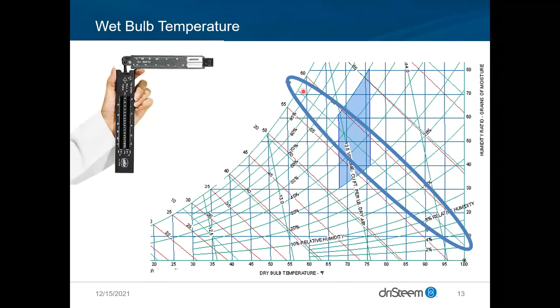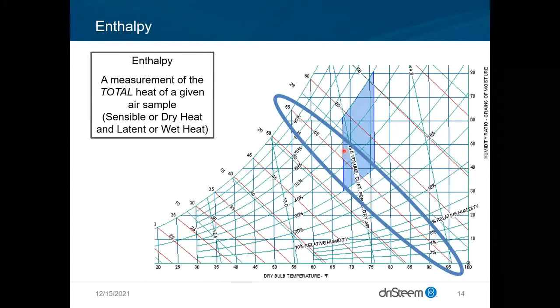Wet bulb meaning where it hits the saturation line. So that's expressed by those green lines there. Enthalpy is also important, especially if we get into evaporative humidification and cooling, which is something we'll talk about real quick. But that is how the process lines move there.